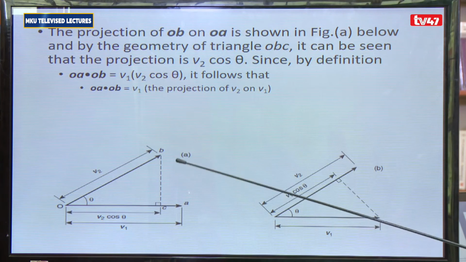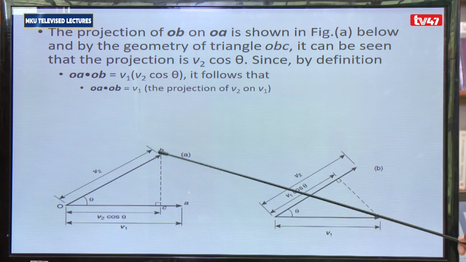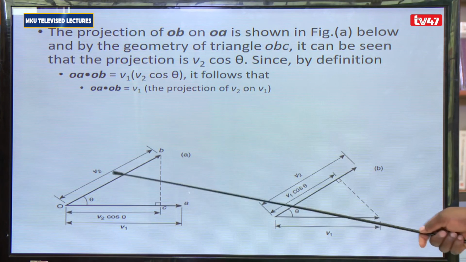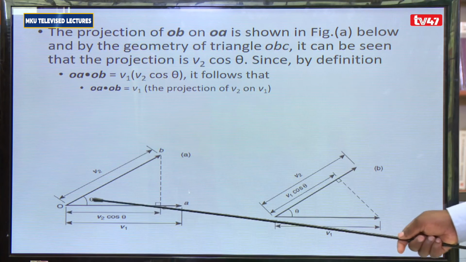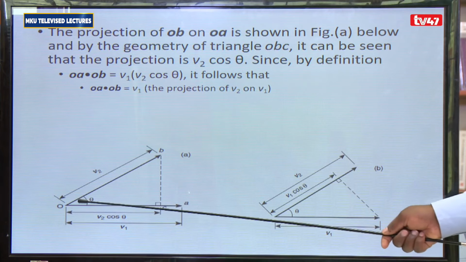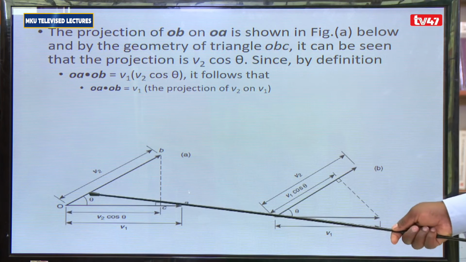The projection is that you get a perpendicular from OB going to OA, and then you get this, which is now the adjacent to this angle.